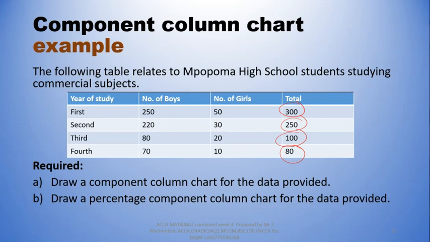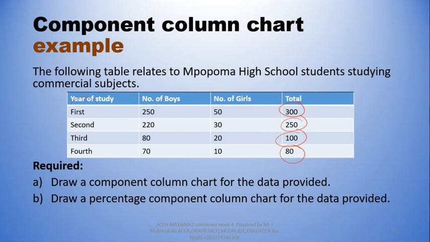The number of boys and girls is dependent on whether it is a first year, a second year, or a third year, because a year is not affected by the number of boys. The number of students in a particular school is dependent on the level, or year, of their study.